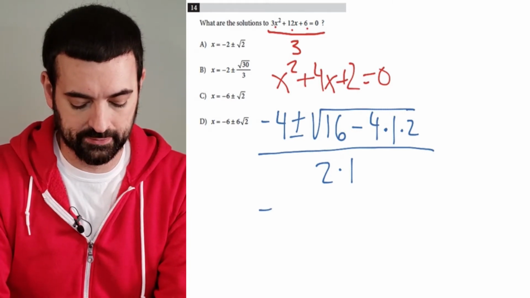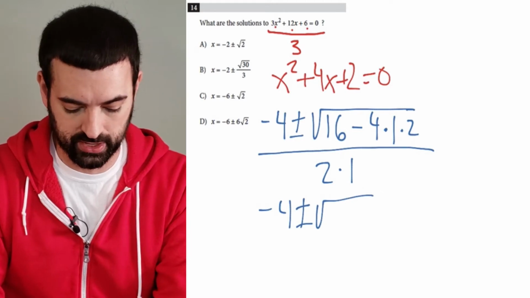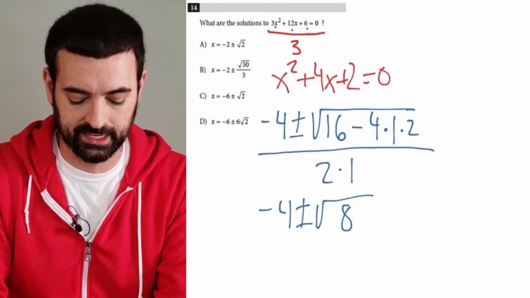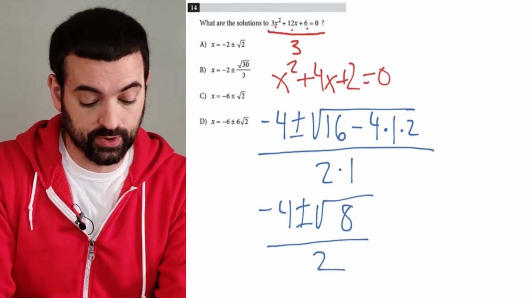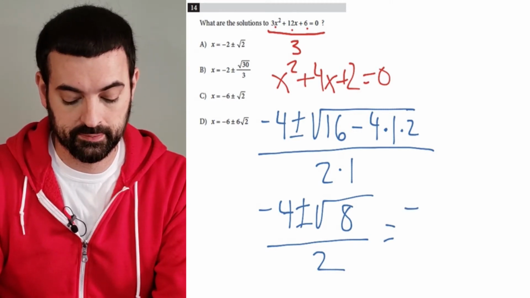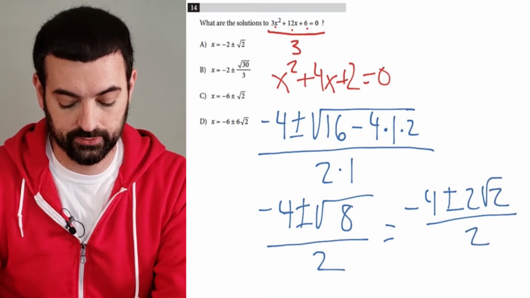And we get minus 4 plus or minus the square root of, let's see, 16 minus 8 is 8, all over 2. Again, we need to rationalize the square root, so this is going to be minus 4 plus or minus 2 root 2, all over 2.